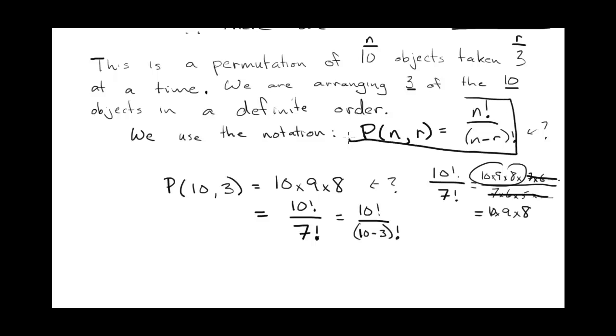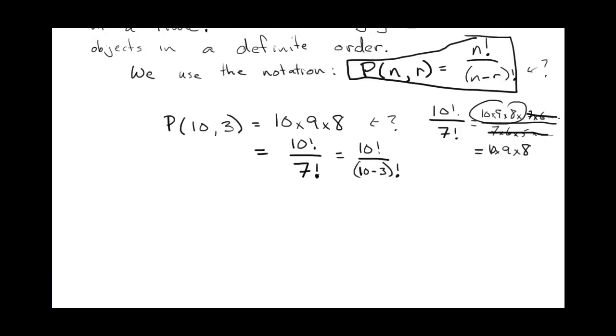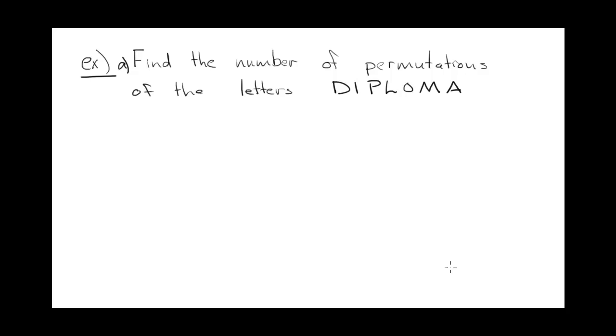So this is what you have to remember, that if you have n many objects and you're arranging r of them, then it's equal to n factorial over n minus r factorial. So, very straightforward example, find the number of permutations of the letters in the word diploma. So, how many objects do we have?